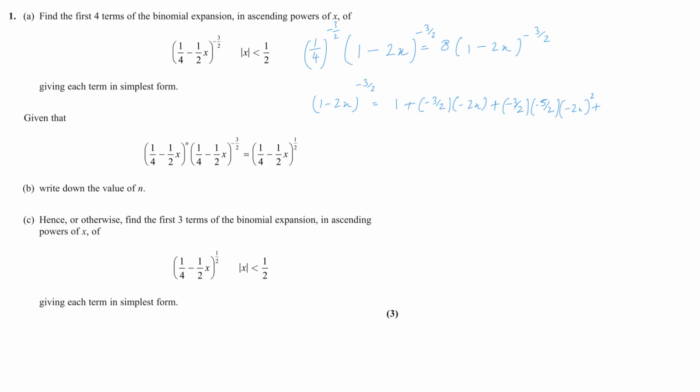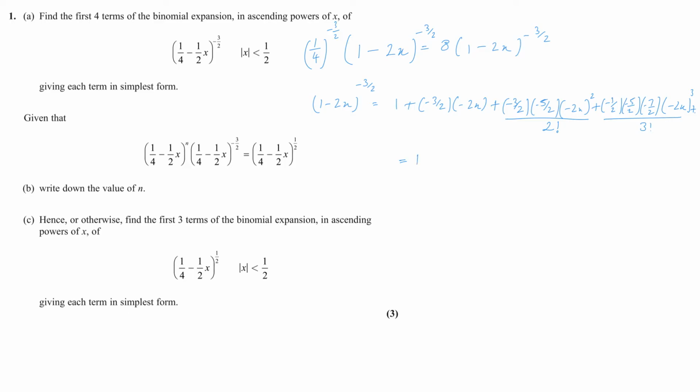There we are. Now that's over 2 factorial, or just 2 in this case. And then I've got minus 3 over 2, minus 5 over 2, minus 7 over 2, times minus 2x cubed over 3 factorial. And then it's just going to carry on from there.